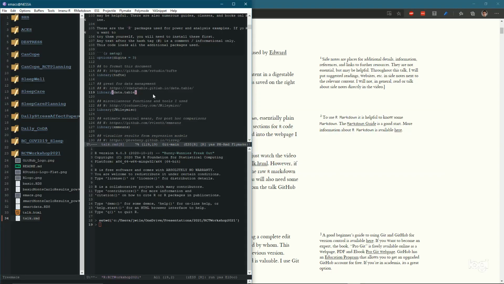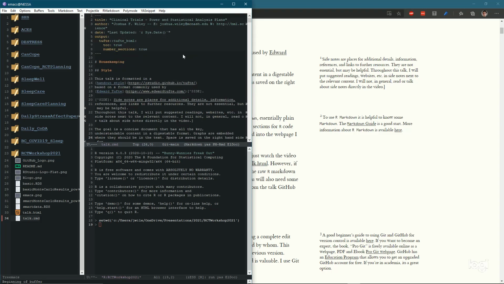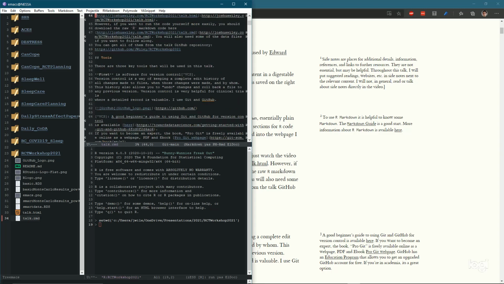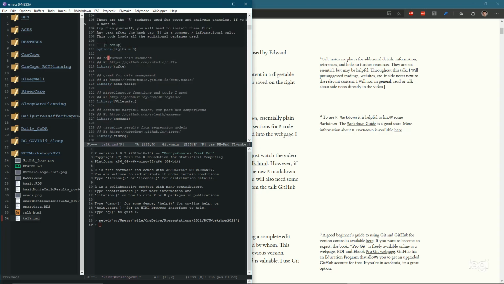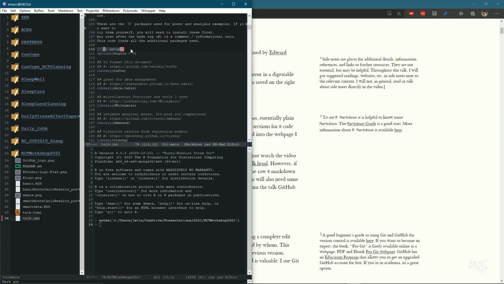Here is an example of this R Markdown file, and this is what actually creates the website. There's a section for title. There's some stuff where I talk about the style, the side notes, and later on, there are sections that are actually R code. So this is R code, and they're designated by special headings. I use this rather than something like PowerPoint because it allows me to seamlessly combine both text and code and have the output from that code automatically embedded in the website.